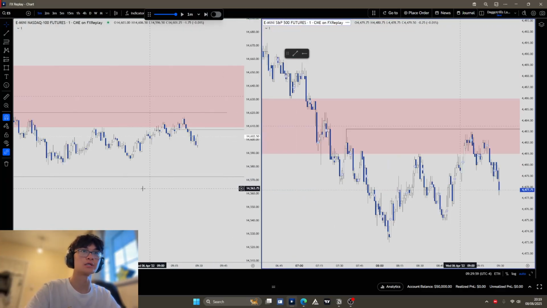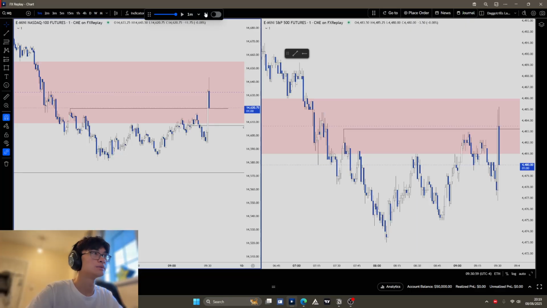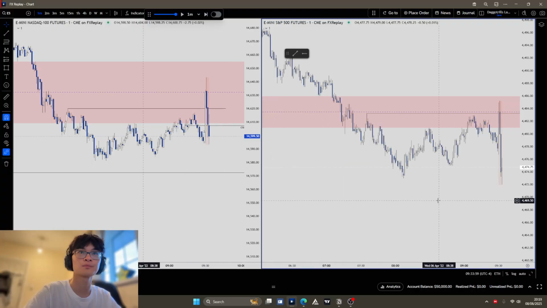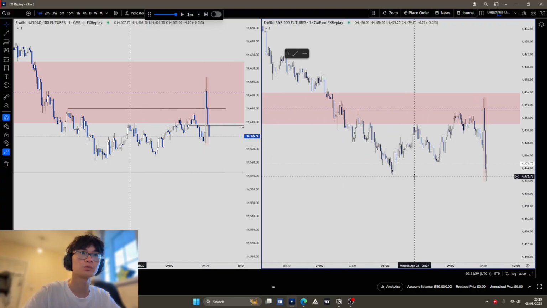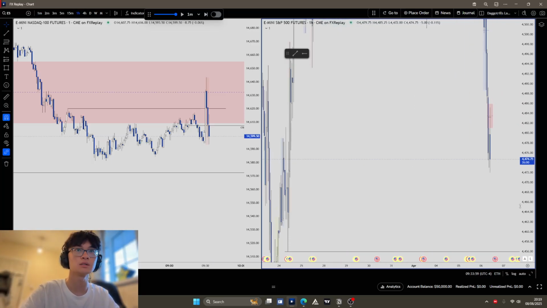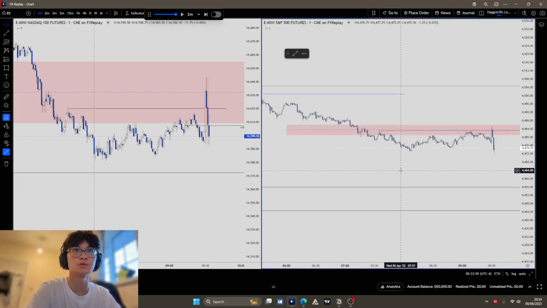Okay, let's actually get into a trade now. So we immediately leave. Okay, we'll take the draw below on ES, but still valid draws lower.